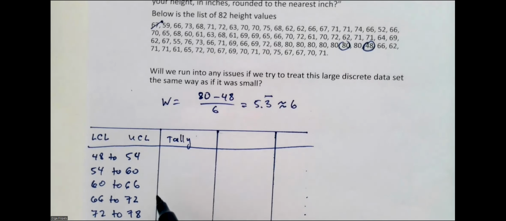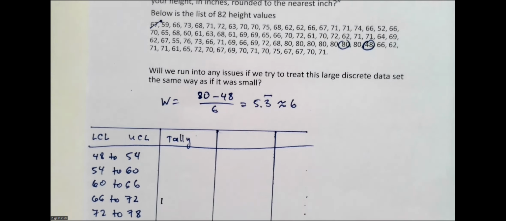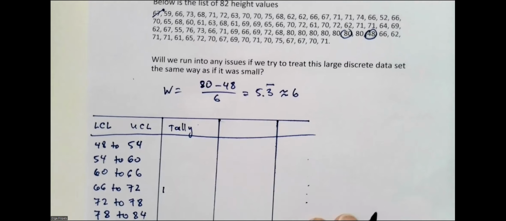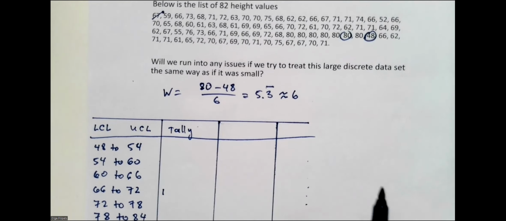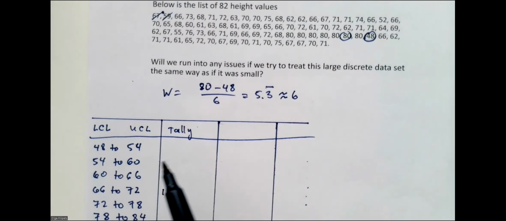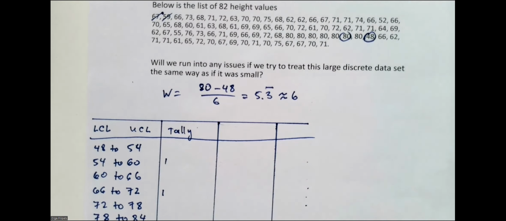Well, it goes into class number 4. So I put the tally mark there. And now 59. 59 fits into this class, number 2. So I'm going to put a tally there. I'm going to continue this process until I account for every value.